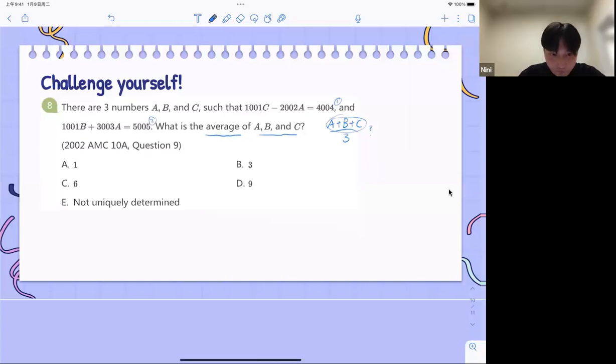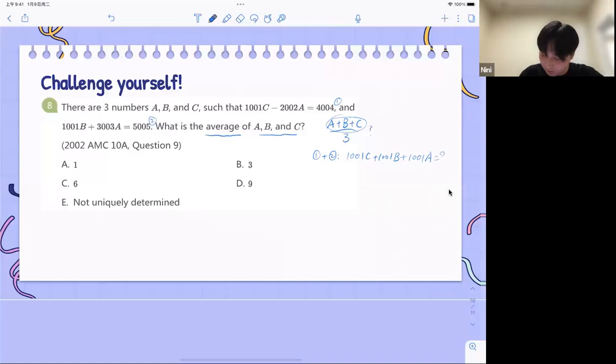Let's say we add them together. If we add them together, we got this for the left side.